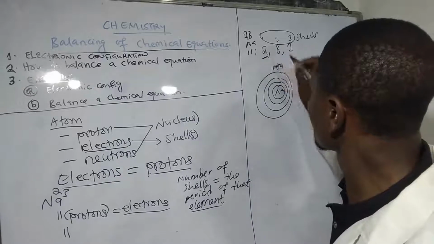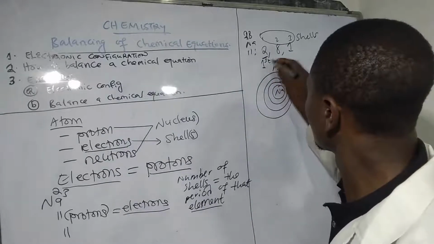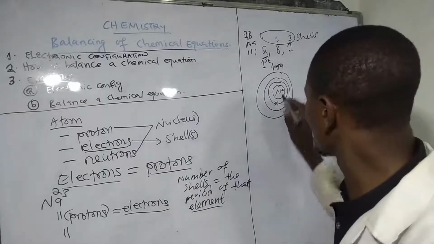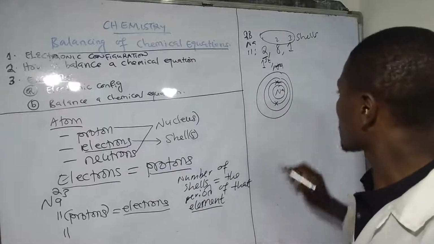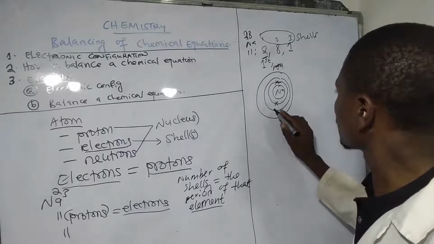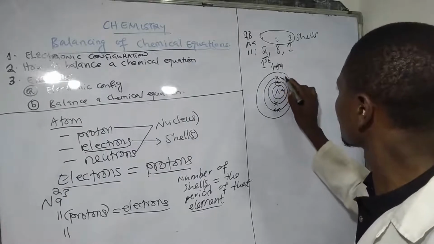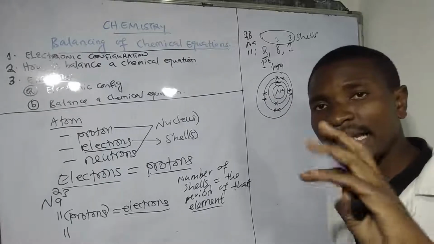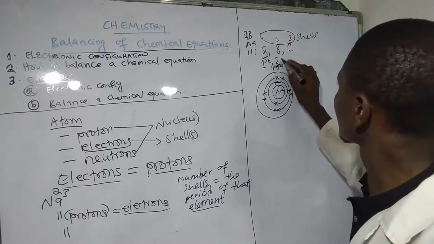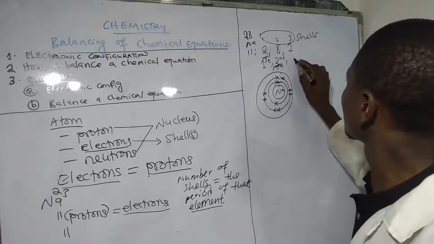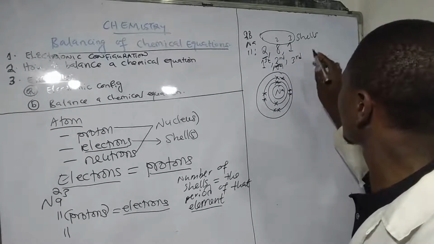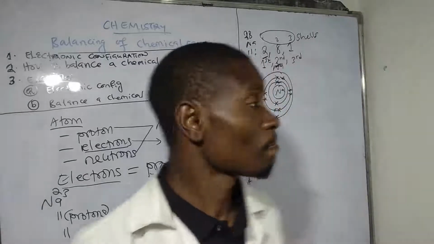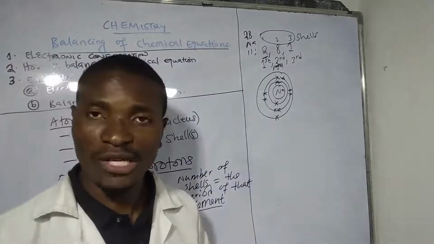In the first shell I'll just have 2 electrons, and then in the second shell I'm going to have 8. And then in the third shell, I'll just have 1 electron. So this is the meaning of electron configuration.